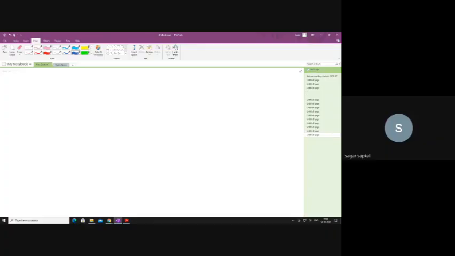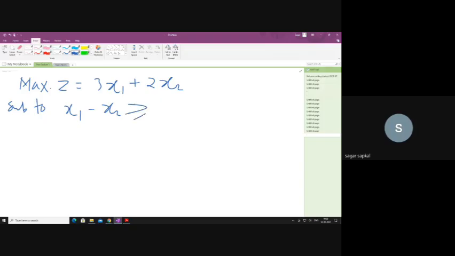Maximize Z = 3x1 + 2x2, subject to linear constraints: x1 − x2 ≥ 1, and x1 + x2 ≥ 3, and x1, x2 ≥ 0.